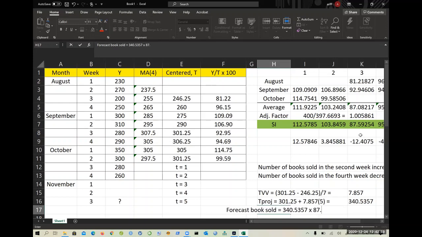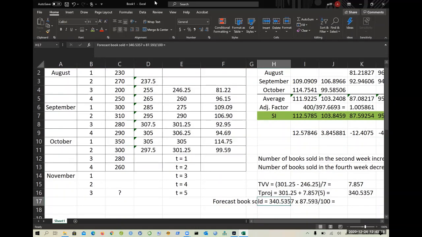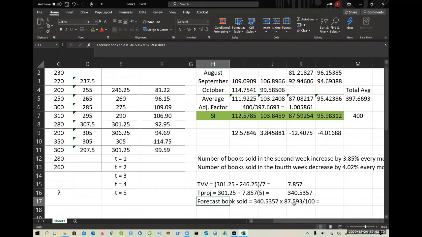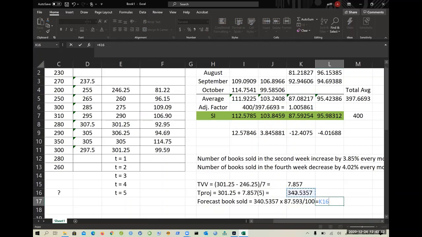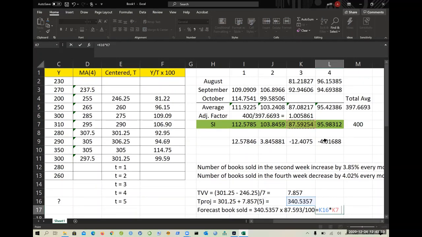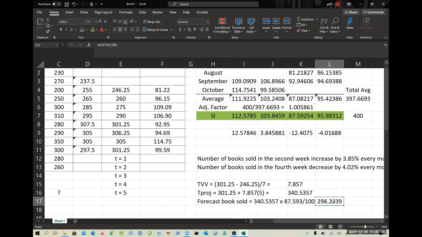So T projected multiplied with the seasonal index for the third quarter, third week, divided by 100.